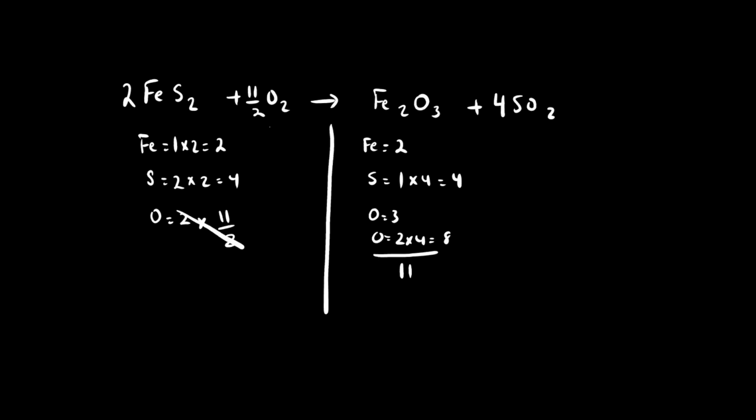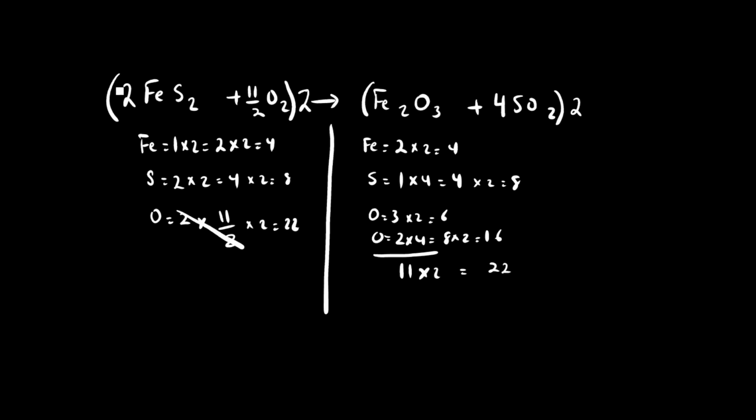However, we cannot have our coefficient be a fraction, so we need to multiply this whole left side by 2. And since it's an equation, what you do to one side, you have to do to the other. So we're going to multiply the whole of the right side by 2 as well. So now, let's adjust our coefficients.